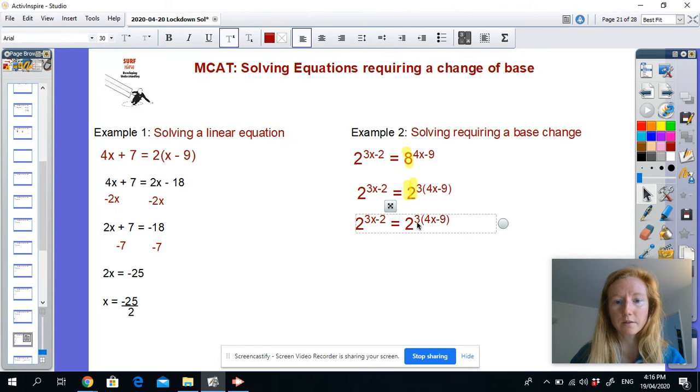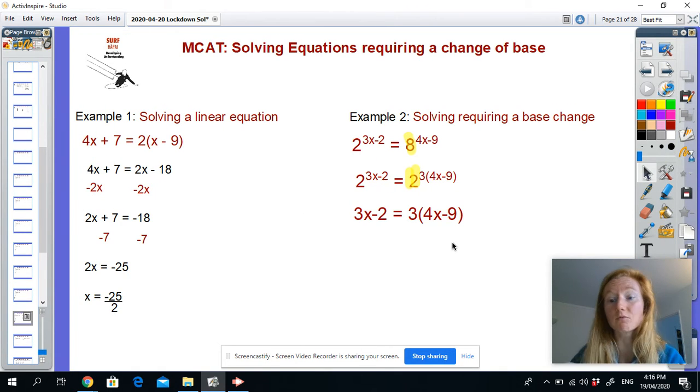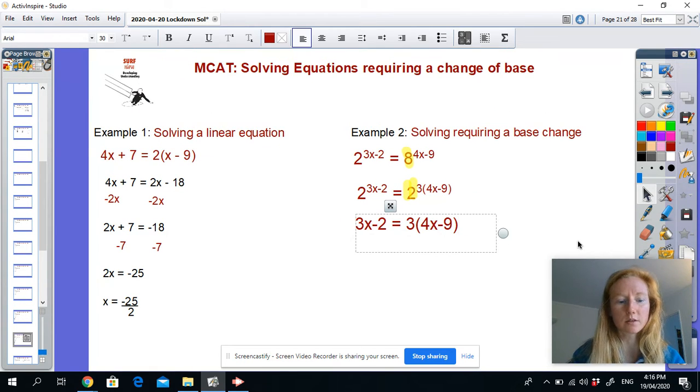And then from here, just like before, because our bases are now the same, we can remove them. If the bases are the same, then it must mean that our exponents are the same as well. So then we can go ahead and solve, just like we did on the example 1 on the left-hand side. We just have a linear equation left to solve now.